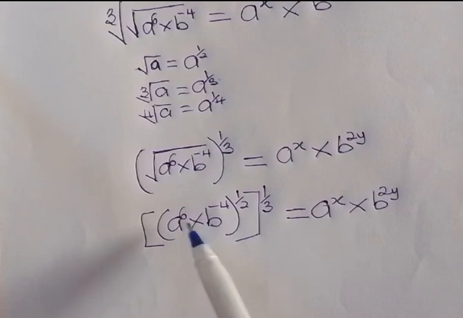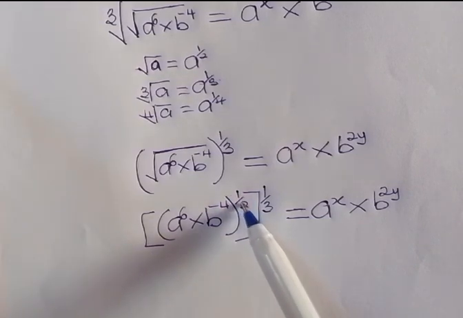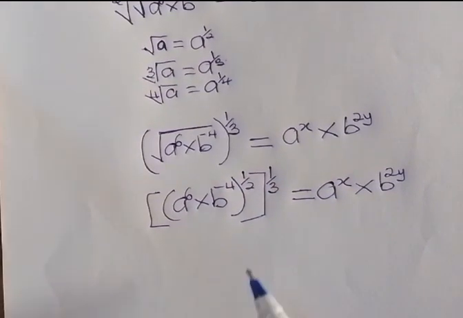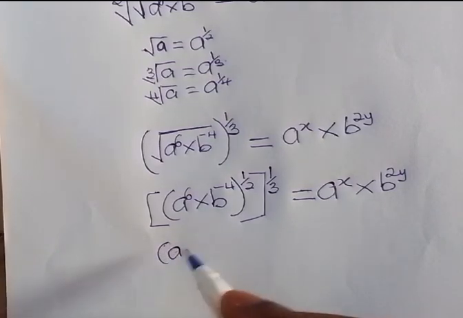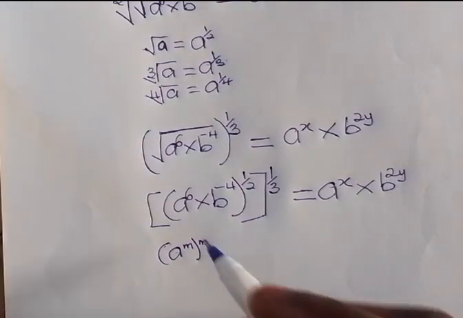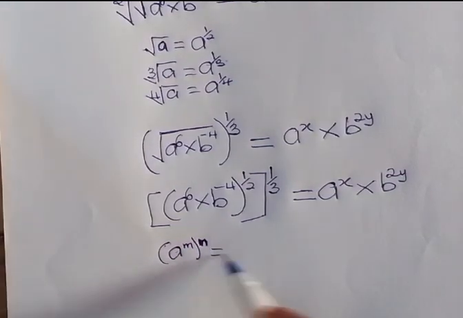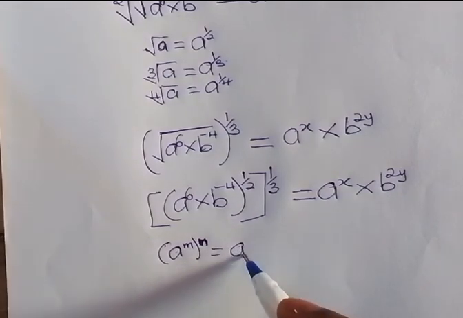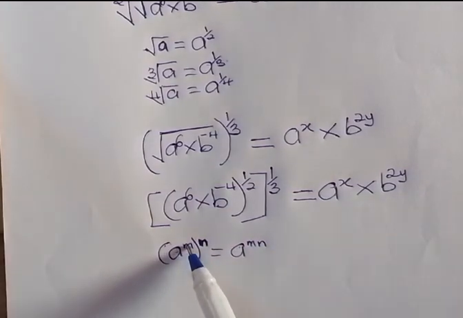Good. Now, this is what we have. So let's look at the exponent here. We have one exponent here and we have another one here. Remember, in one of the laws of indices, if you have a exponent m and then you have another exponent n outside, you can write this as a exponent mn, meaning that whenever you have an exponent here and another one here like this, we only need to multiply the two exponents.